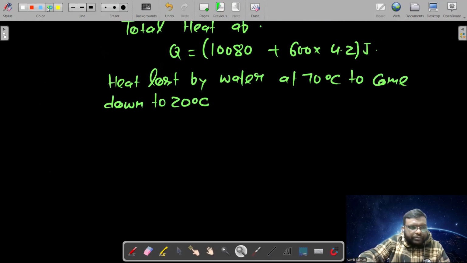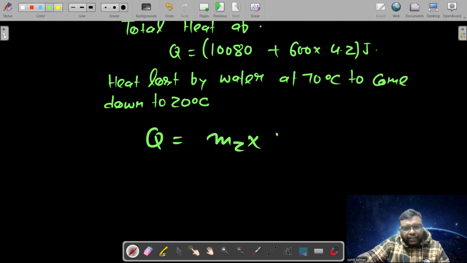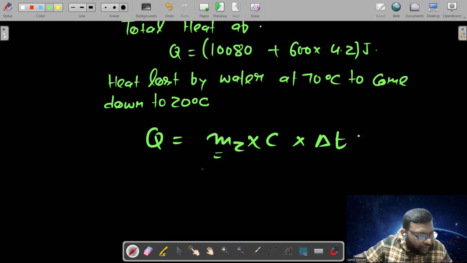So here it will become Q is equal to M2 into C into delta T. Okay. And M2 is the mass of water.